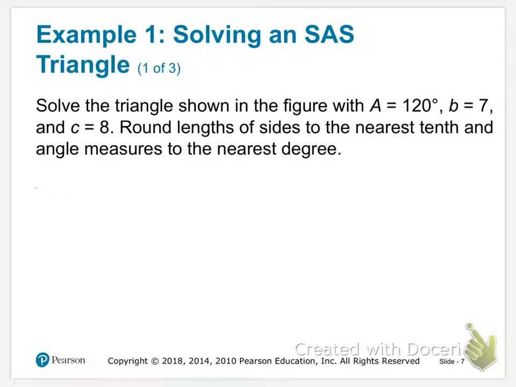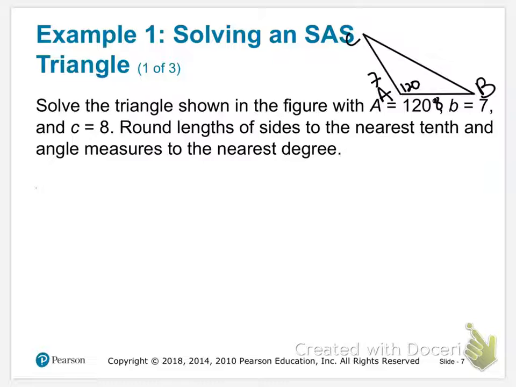Okay, solve the side-angle-side triangle shown in the figure. This figure is on your guided notes. I'll draw it in here, at least to the best of my abilities. So we have it looking like this, and this is labeled A, C, B, and this side is 8, this is 7, and this angle is 120.